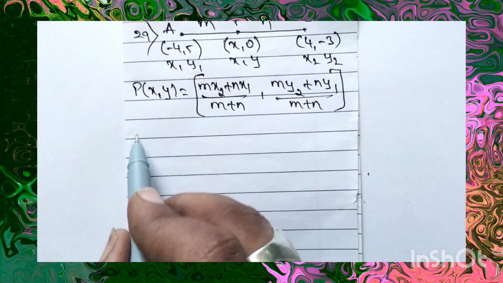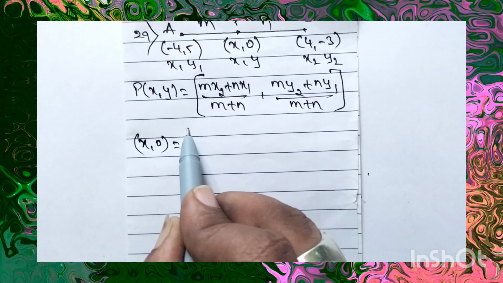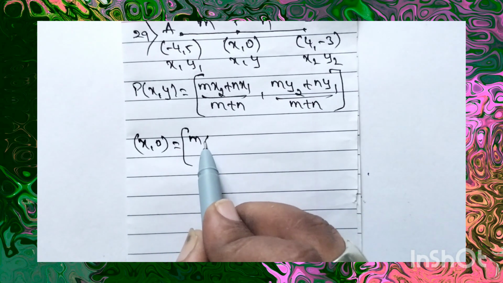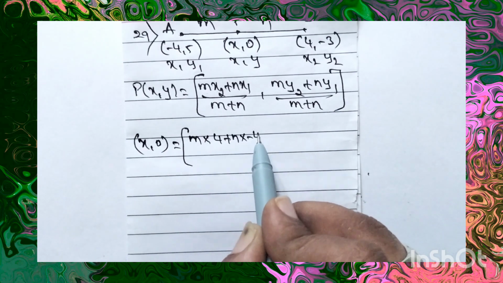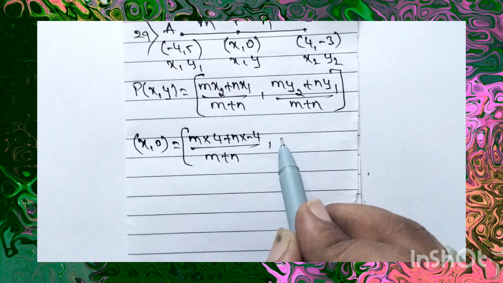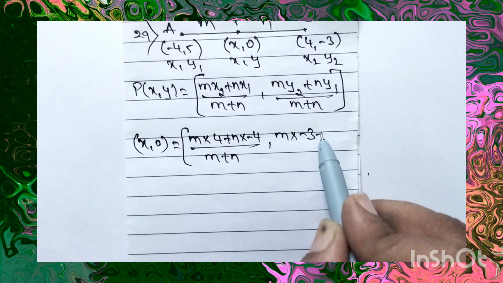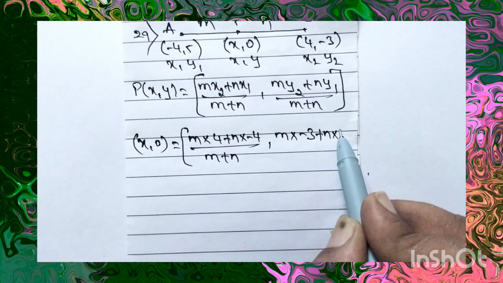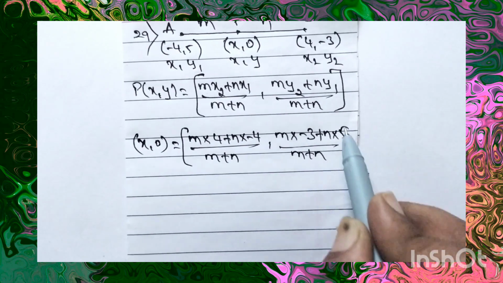So what is P(x, y)? It is (x, 0) is equal to m, we don't know, into x2 is 4 plus n into x1 is minus 4 divided by m plus n comma m we don't know into y2 is minus 3 plus n we don't know into y1 is 5 divided by m plus n.